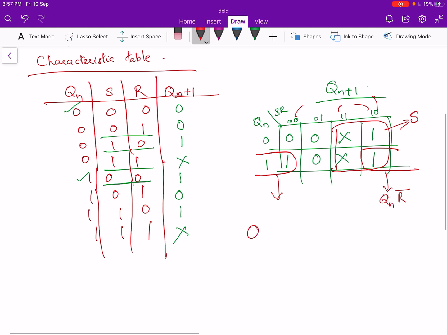So we can write the expression for Qn plus 1 as S or Qn R bar. That is the characteristic equation.